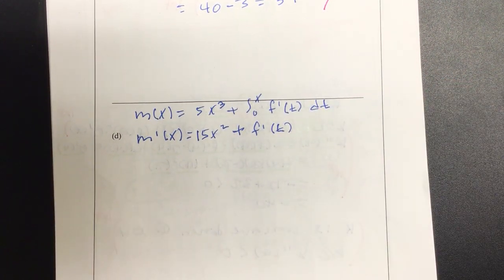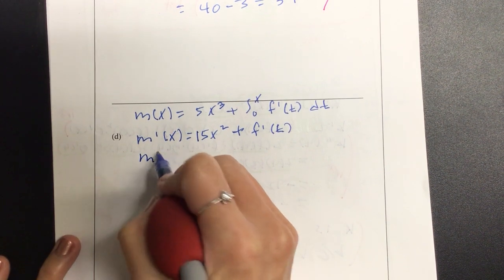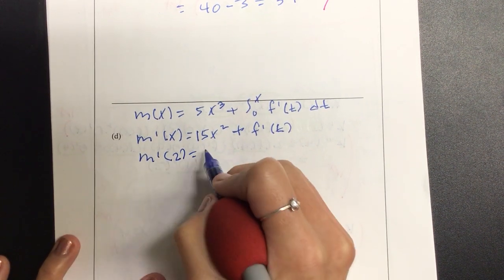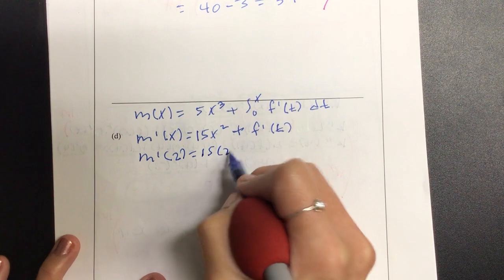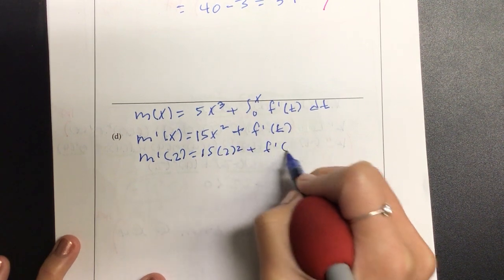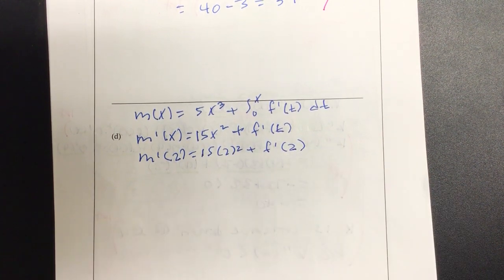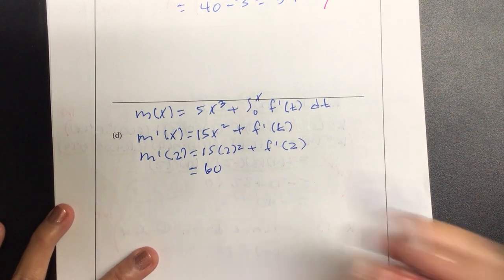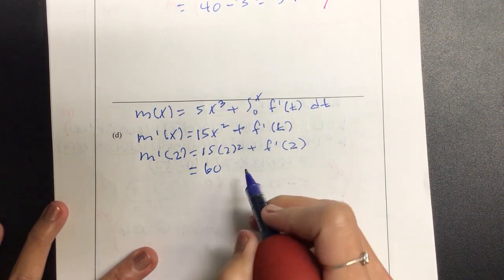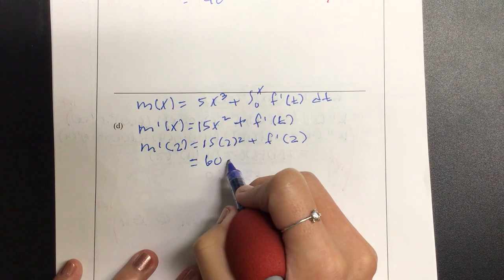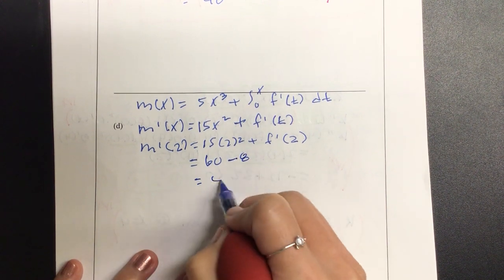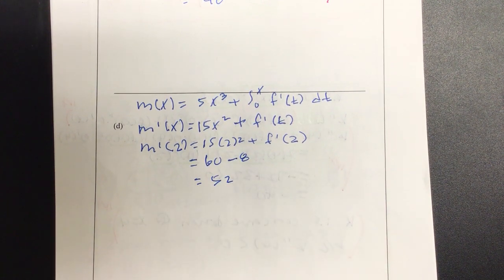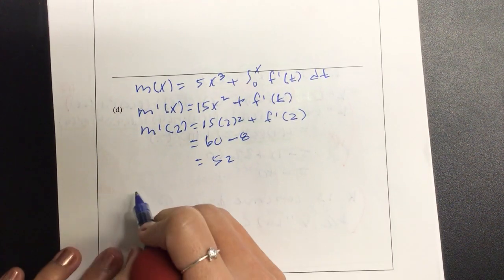Okay, so let's go ahead and plug in what number it says? 2. So we have 15 times 2 all squared plus f prime of 2. And again, it's just a matter of looking at the table for the second piece. For the first piece, that's going to give us 4 times 15, which is 60. What's that f prime of 2? Negative 8. That's going to give us 52. So then we want to go ahead and justify.